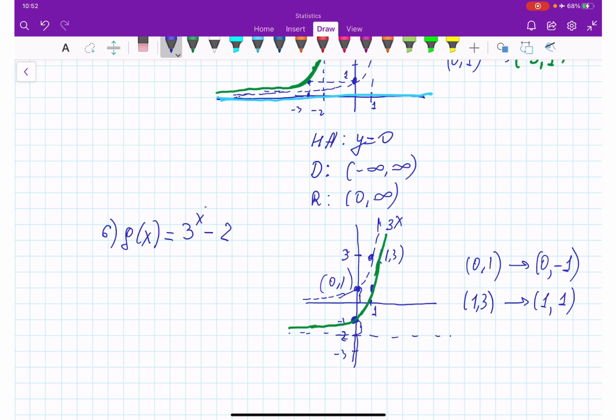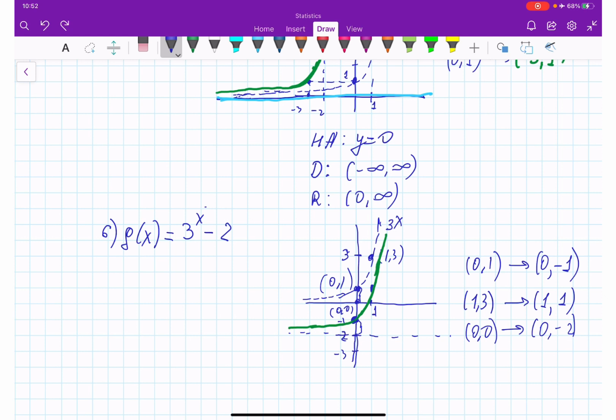This point is 0, 0. So my 0, 0 is going to become 0, -2, right? Because we are doing -2. That also will work. And this is our graph. So what we do, we take the graph and shift by 2 units downwards. All right?